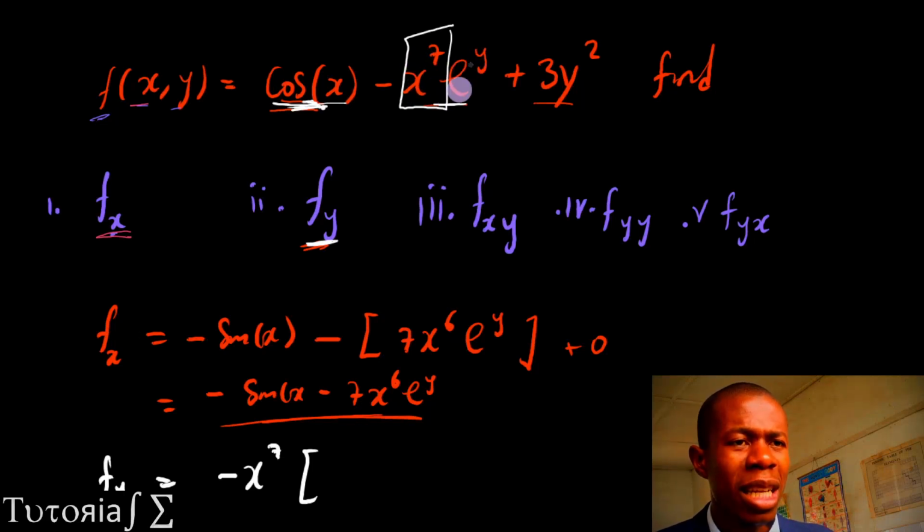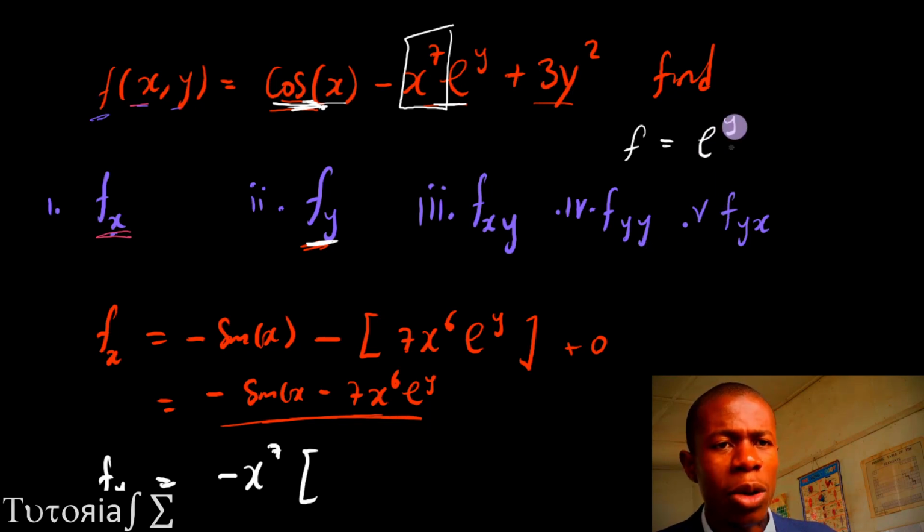Then when we differentiate e to the y, how you differentiate is you drop the power and you differentiate the power, and you write e the way it is. So dropping the power, which is y, then we differentiate y.